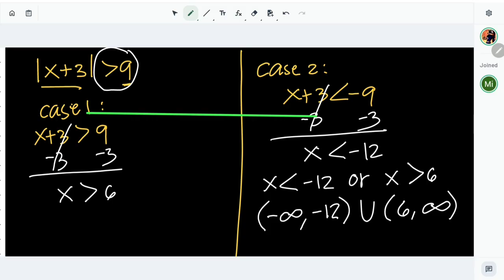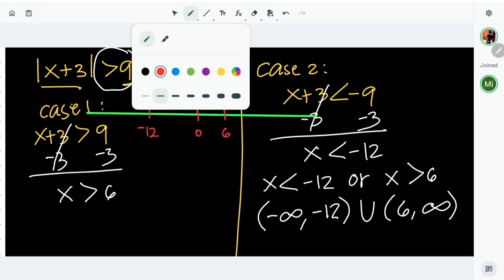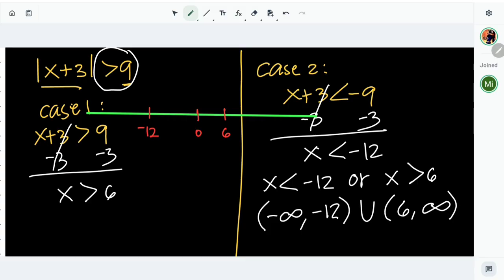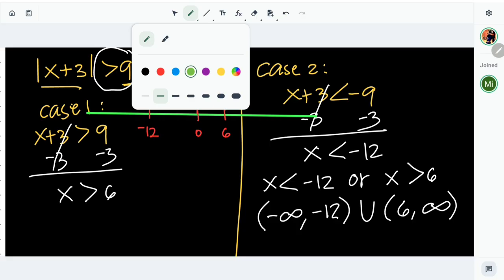It says x is less than negative 12. Let's say this is 0. And this is negative 12. And this is 6. So all of the numbers less than negative 12, this is open. I'll just use another color.